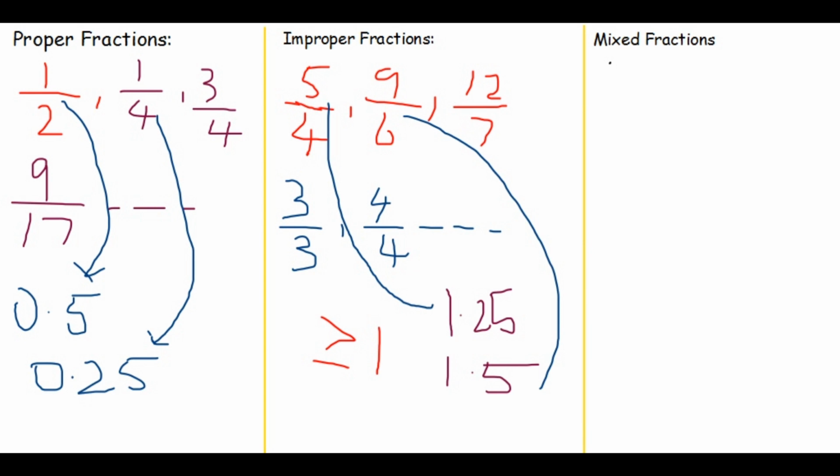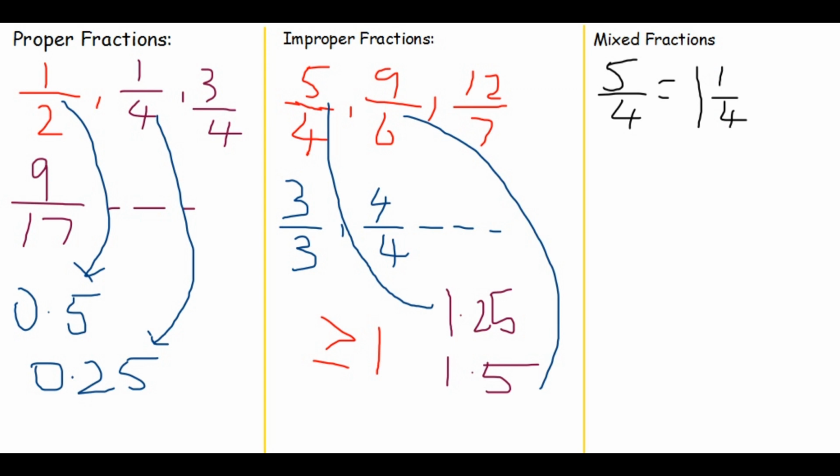Let's take this for instance. If we have 5 over 4, like what we have here, this can be expressed as a mixed fraction even though it's an improper fraction. If we re-express this as a mixed fraction, we'll have one whole number and 1 over 4. This is a mixed fraction because it contains a whole number and a proper fraction.